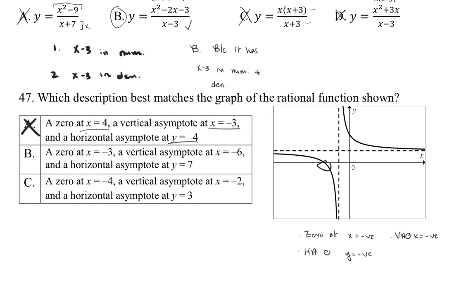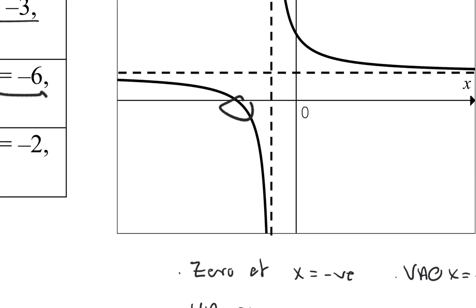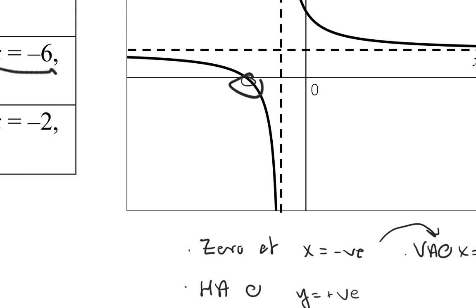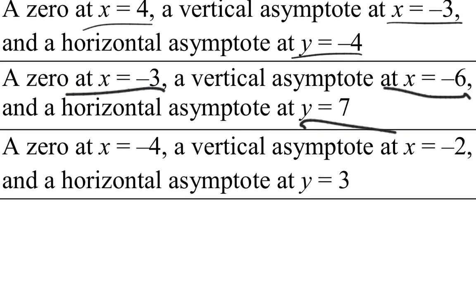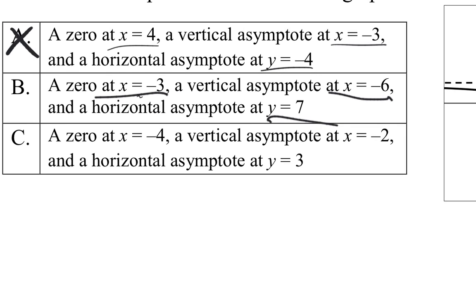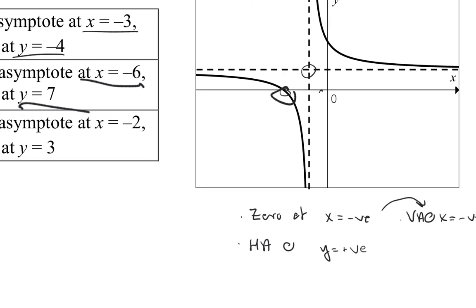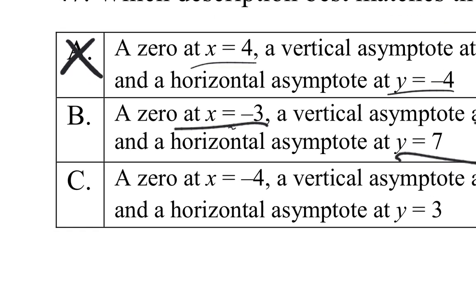Moving on to B, we have a zero at negative 3, asymptote at negative 6, horizontal asymptote at 7, which could be right, but the thing is that our zero should be more negative than our vertical asymptote, because if we look, our zero is to the left of the vertical asymptote. Here, this is describing a function with a zero over here and not where it actually is. So B is also not going to be correct.